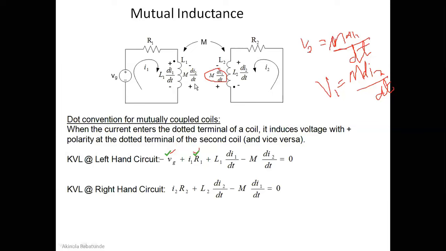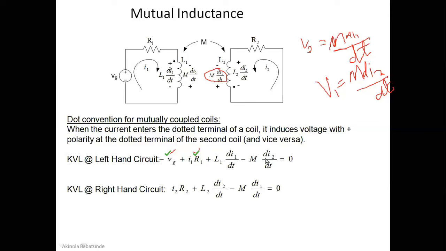This is very important. This voltage is L1 di1/dt because we are entering through positive, and for the voltage induced by current I2, you would have minus M di2/dt because we are entering that one. So you have plus L1 di1/dt minus M di2/dt equal to 0.